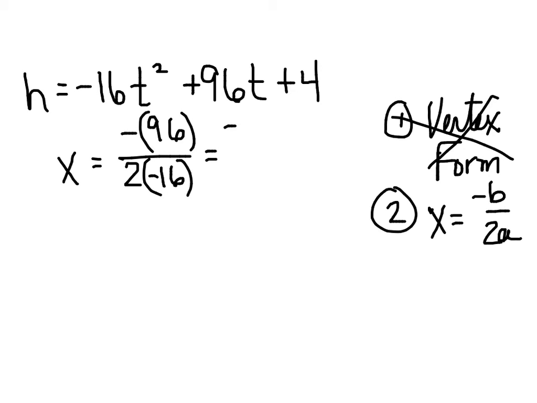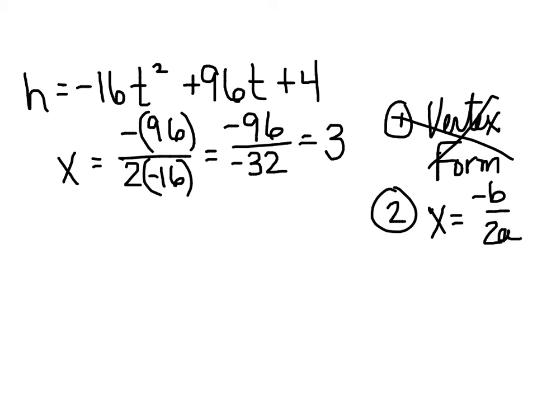Does anybody know what 2 times negative 16 is? And what's negative 96 divided by negative 32? 3. Good. What that means, you guys, is it's going to reach the maximum height. So me shooting this t-shirt gun to Jaden back there, after 3 seconds, it's going to hit the high point.